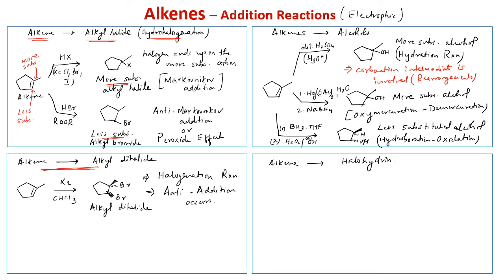So again, starting with that same alkene, if you react the alkene with X2, but now in a coordinating solvent. So chloroform here was an example of a non-coordinating solvent.